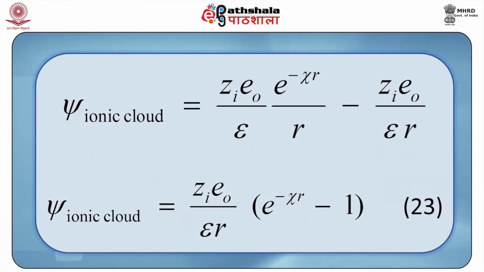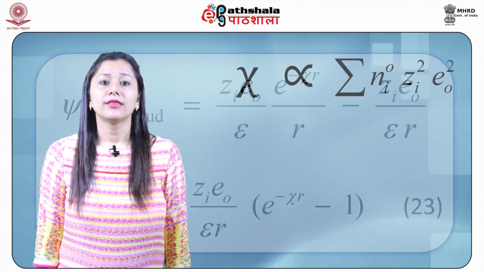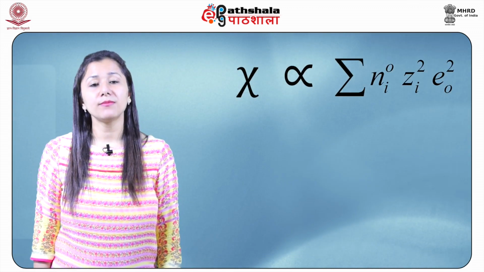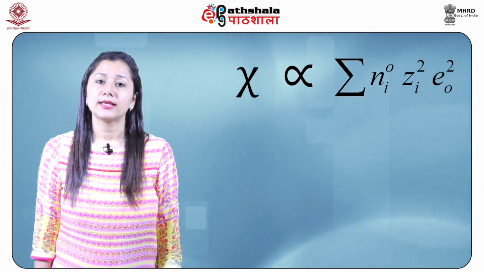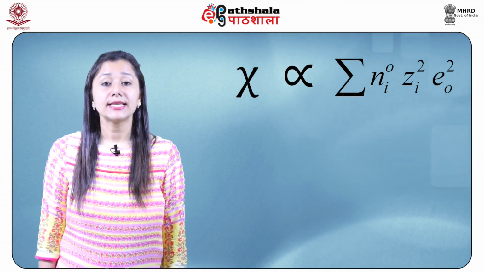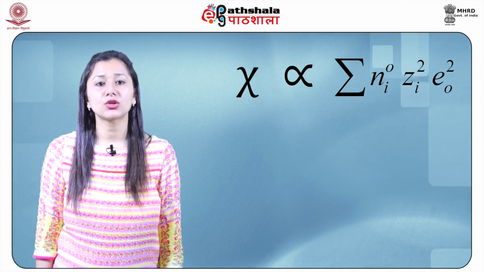Substituting equation 20 and 3 in equation 22, we get, or this can be simplified as equation 23 as, the value of chi, as seen from equations 6 and 17, is proportional to summation Ni0 Zi squared e0 squared.